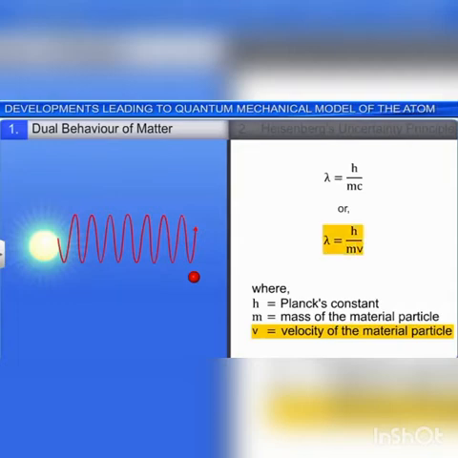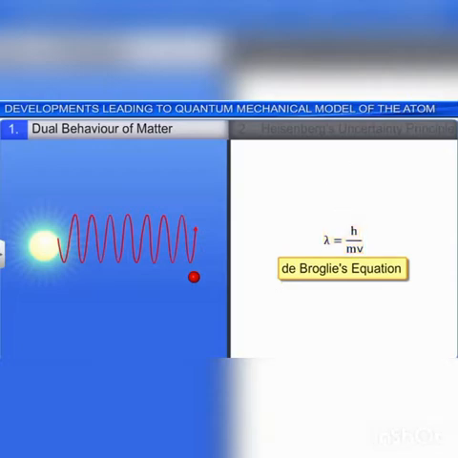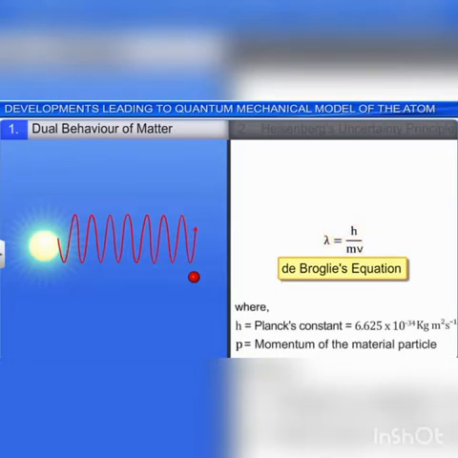The resultant equation is called de Broglie's equation. Since the momentum of a particle is the product of its mass and velocity, the relation between wavelength and momentum of a material particle can be given by de Broglie's equation.